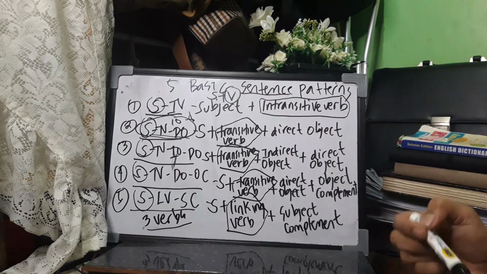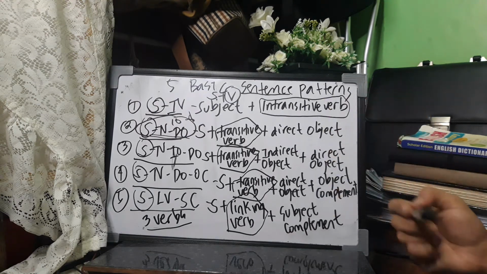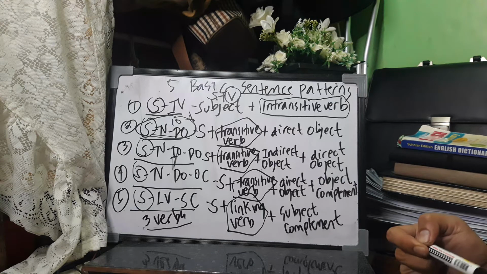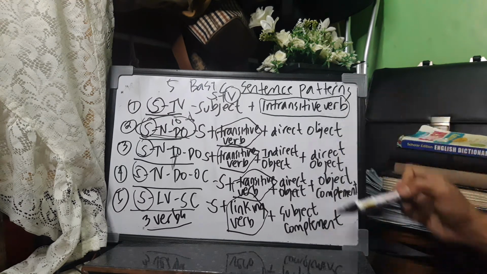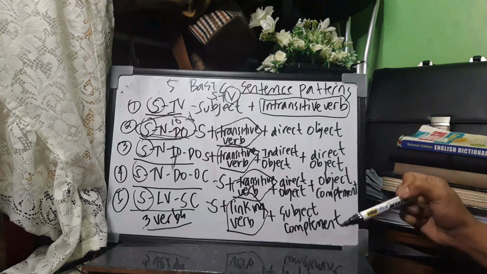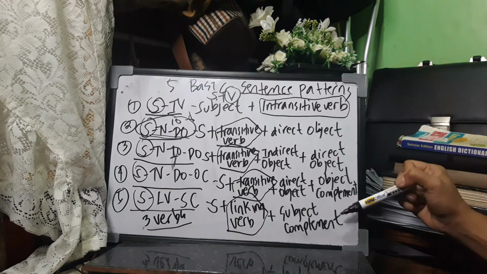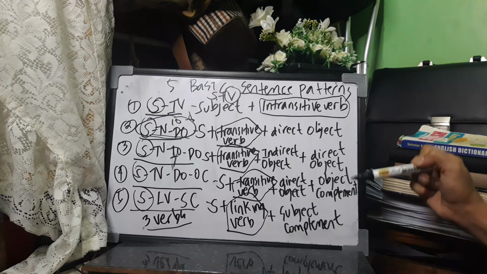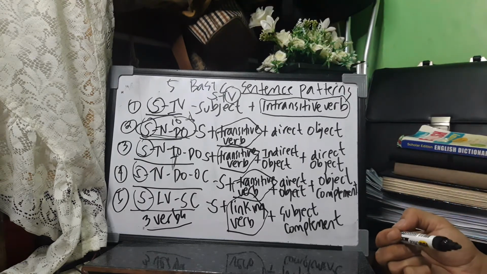And at the end of the lecture, I want you to use all of them correctly and accurately. Are we okay with this, guys, with the 5 basic sentence patterns? This is just an introduction, the overview and outline of our topic.